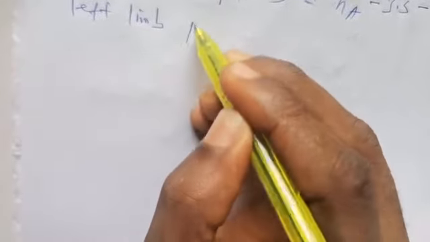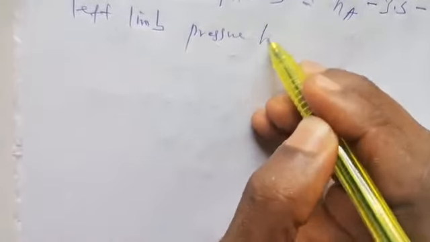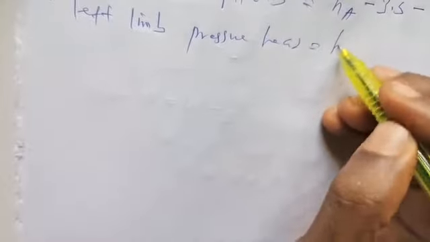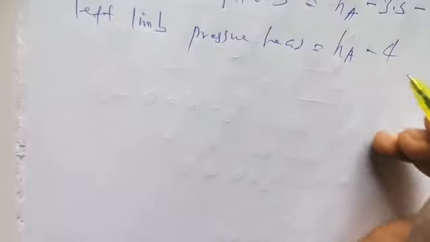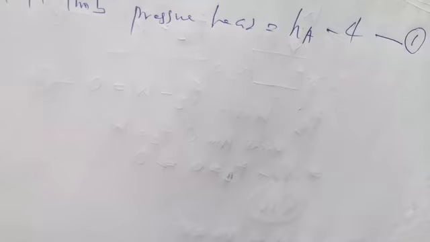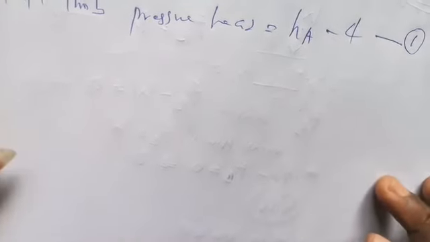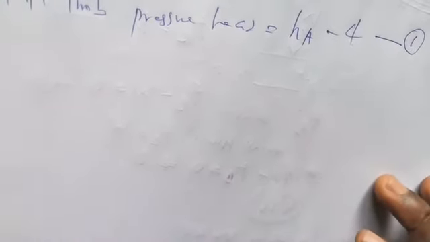Therefore, the total pressure head on the left limb is HA minus 3.5 minus 0.5, which gives us HA minus 4. Call this equation 1. That becomes the property of pressure head on the left limb.